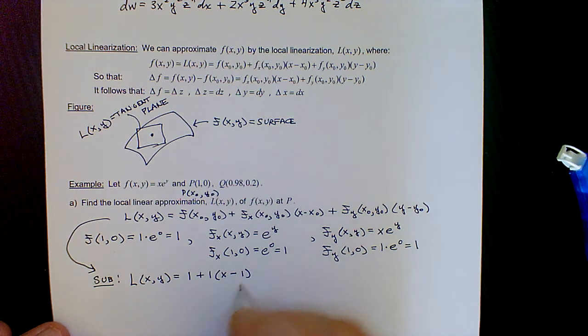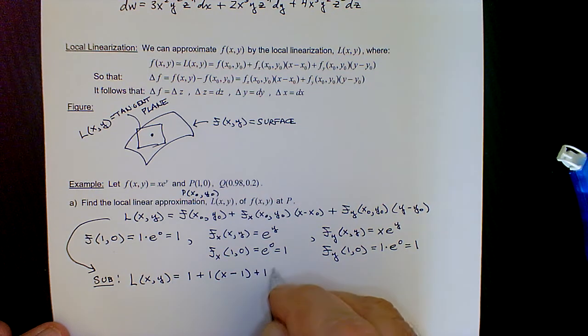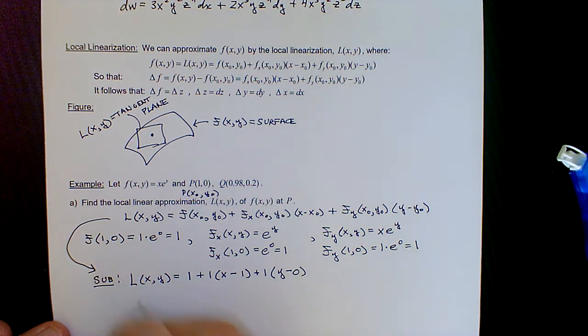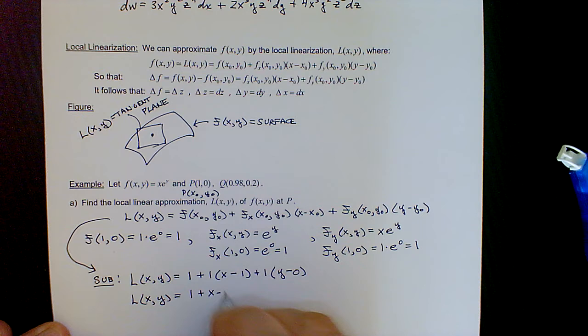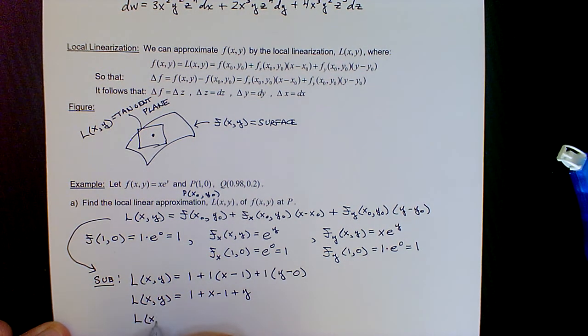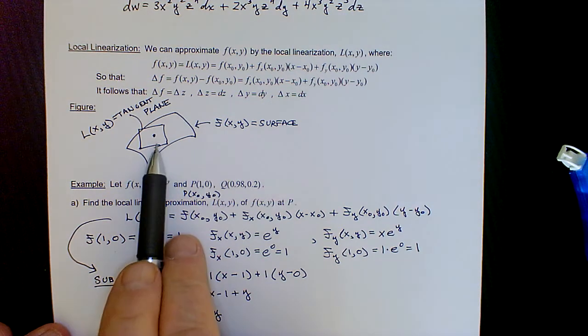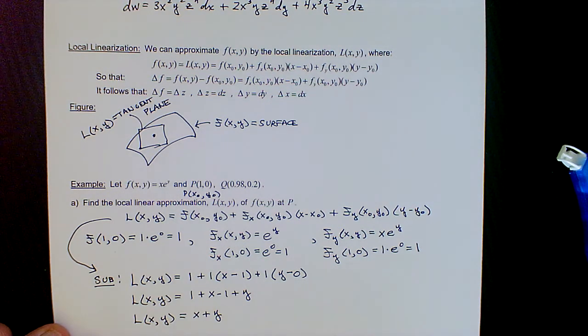And then plus f sub y, which was 1, times y minus y sub 0, which was 0. And so L of xy is 1 plus, distributing, x minus 1 plus y. So L of xy is the function x plus y, which is basically the tangent plane here.